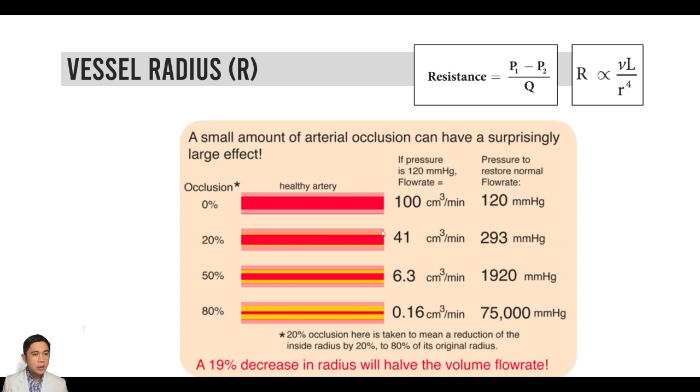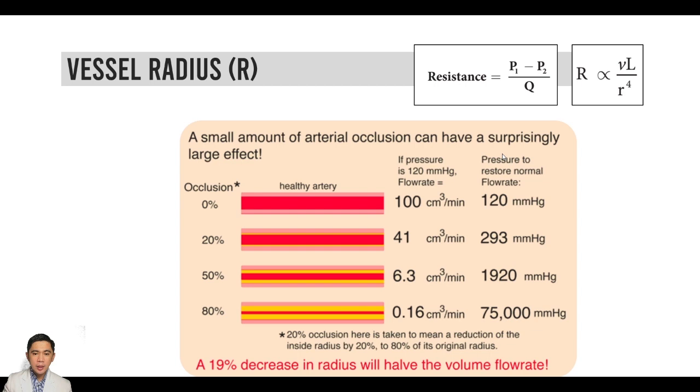And this is very important if we are talking about occlusion in the heart. A 20% occlusion in the arteries of the heart will actually decrease the flow rate to half. Now we can apply this to the coronary arteries of the heart. When it's 20% blocked, you will only have half of the flow rate to your heart, and it puts your heart tissues in danger.